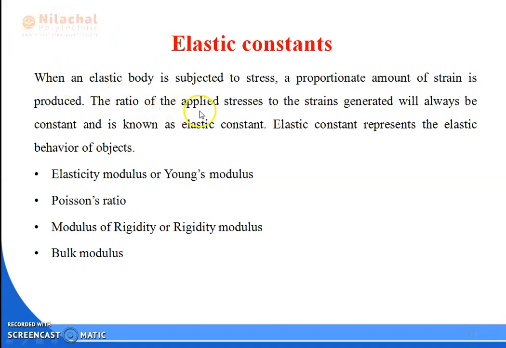The ratio of the applied stress to the strain generated will always be constant and is known as the elastic constant. The elastic constant is present in every kind of material which is used as a part of a structure.